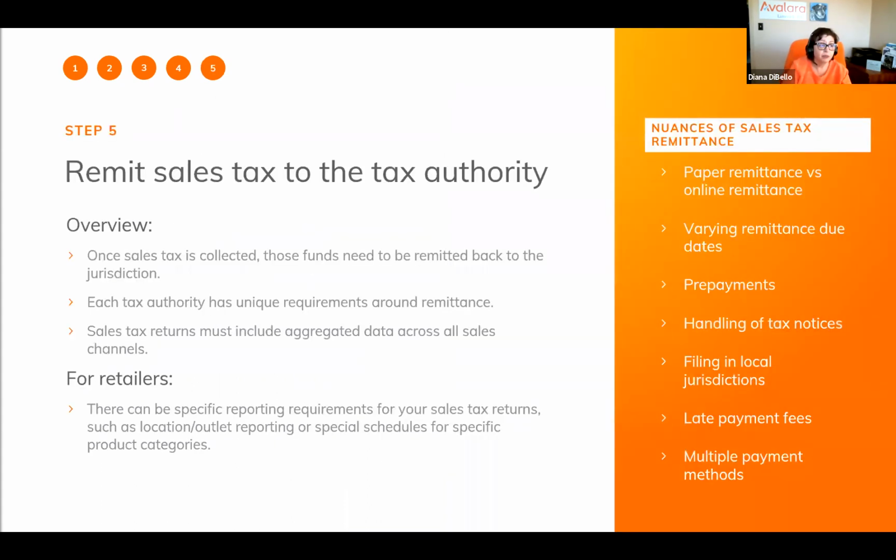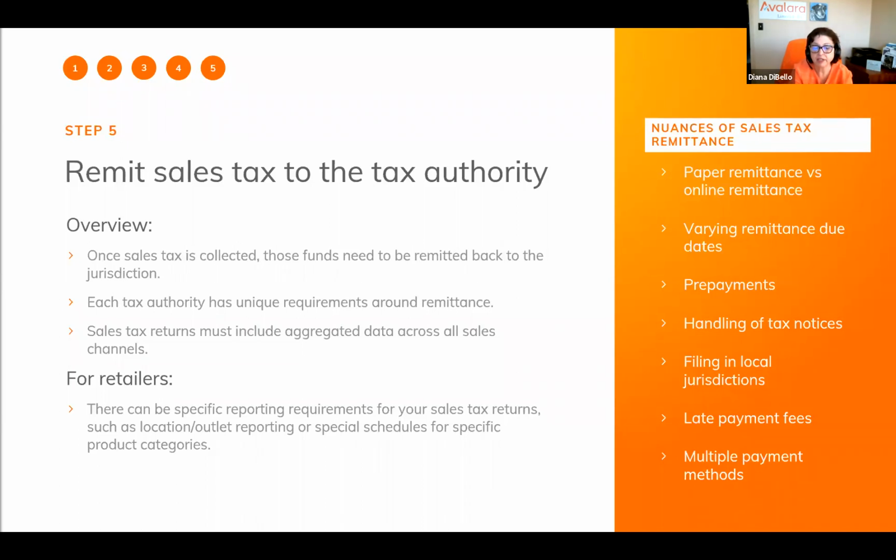All right, we're up to our last step. Remit sales tax to the tax authority. Should be simple, right? So once you have collected that sales tax, you need to submit the sales tax return of all the data across all your sales channels to that pertinent jurisdiction.